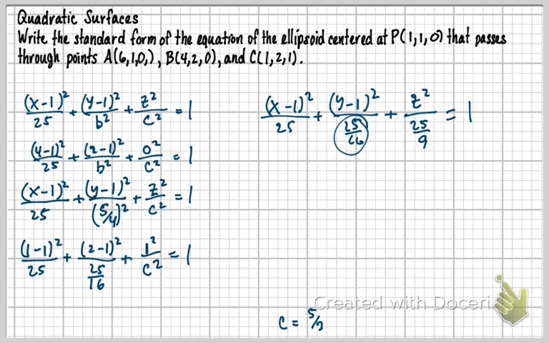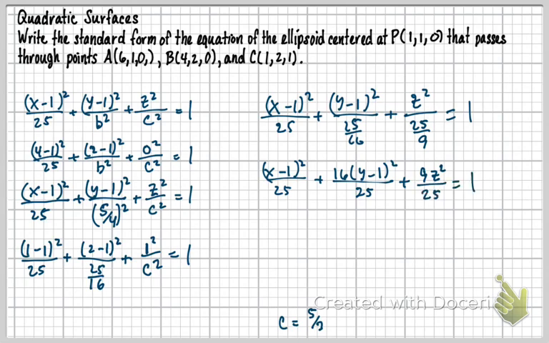So I get (x minus 1) squared over 25 plus 16(y minus 1) squared over 25 plus 9z squared over 25 equals 1. So that's our final answer. And if we didn't know this was an ellipsoid, we would know because these are all pluses and these are all squared. So right away, when I see those kind of equations, I know that I'm dealing with an ellipsoid. So there's our answer for this one here.